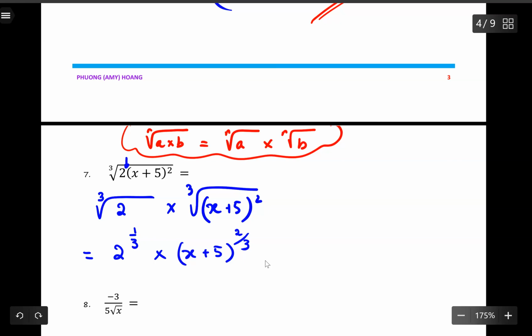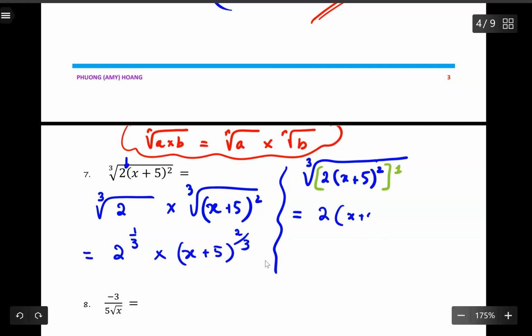Okay, so that's one way of doing this. Another way you can do this is: the cube root of 2 times x plus 5, all of it squared, and you can write it as raising this to the exponent 1. Then what you have is 2 times x plus 5 squared, all of this raised to the exponent 1 over 3.